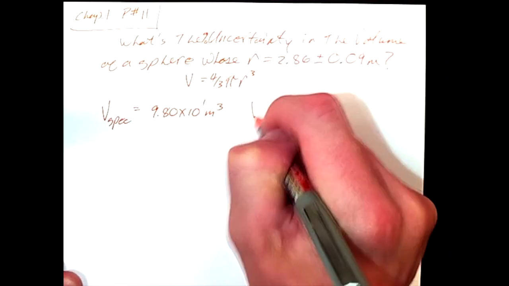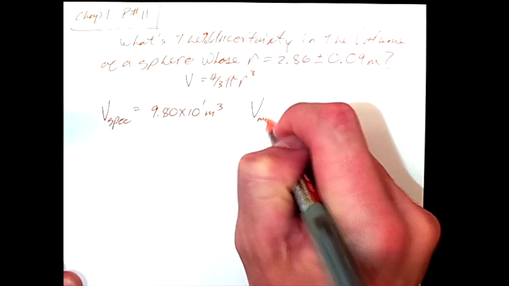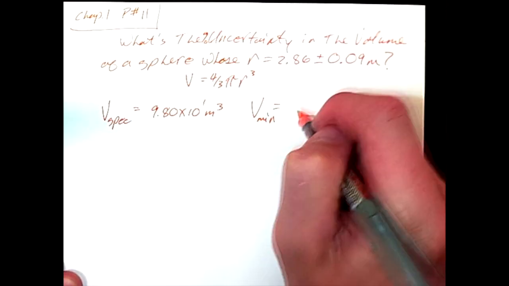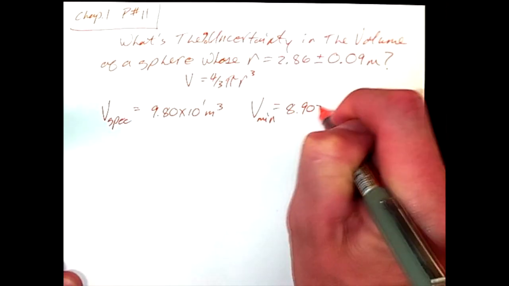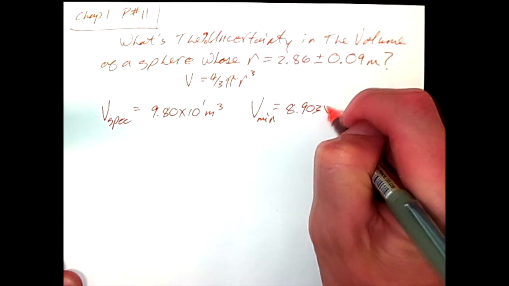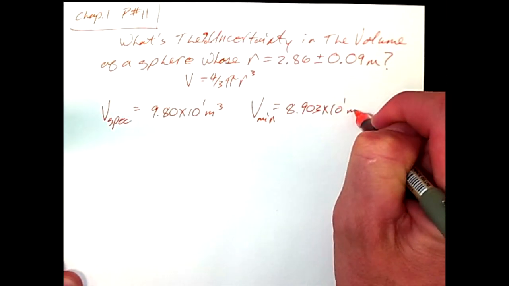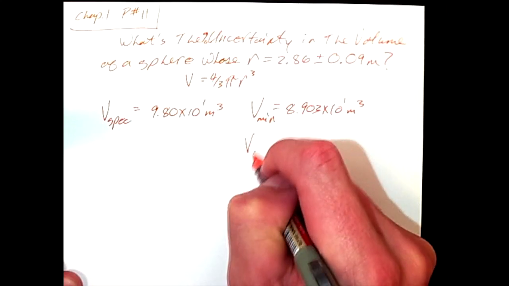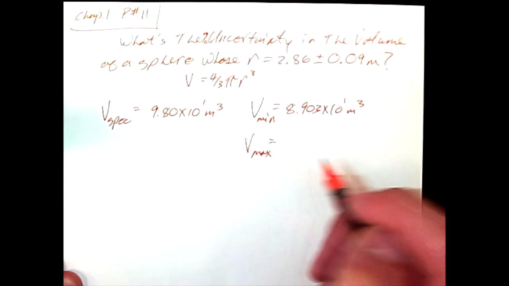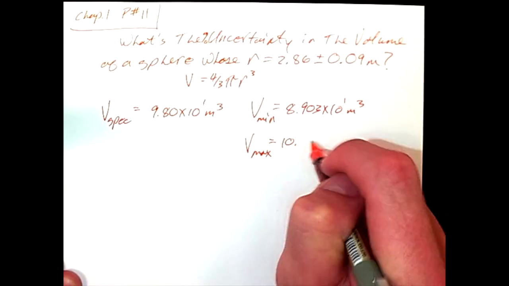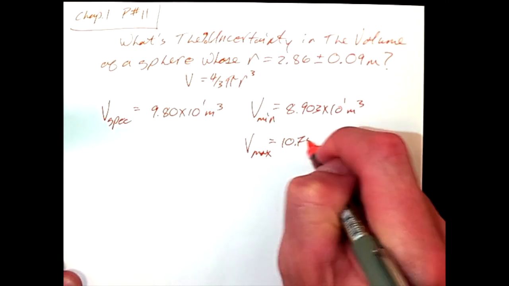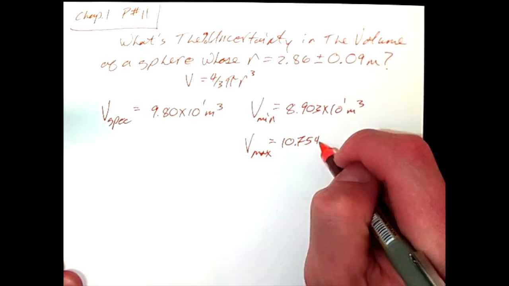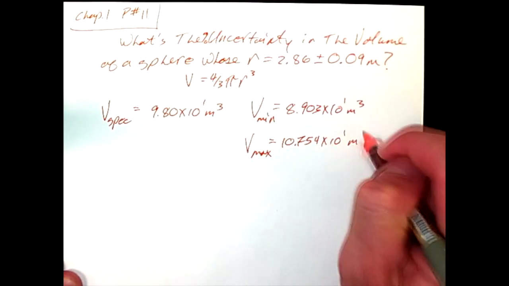I've calculated the min value as 8.903 times 10 to the first meters cubed, and I've got the maximum value as 10.754 times 10 to the first meters cubed.